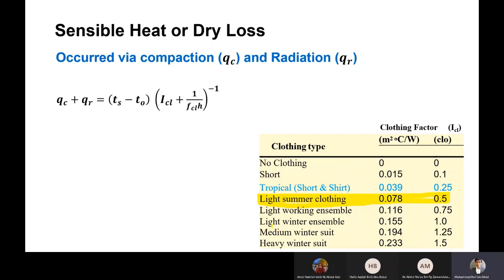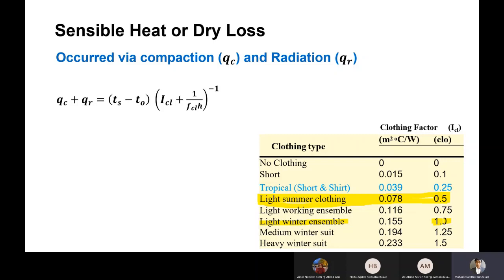If you are using winter clothes, this is a light winter ensemble. 1.0 is basically covering almost everything except the face. A woman wearing a hijab will closely resemble this one, so 1.